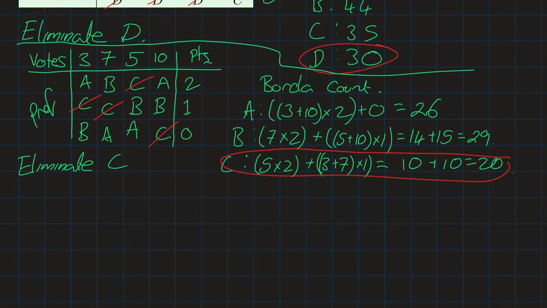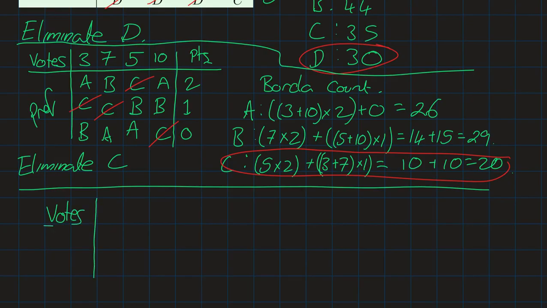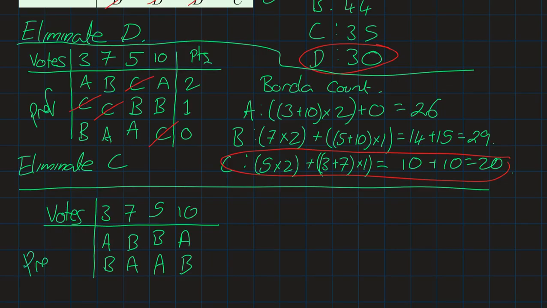I redraw the table. So 3, 7, 5, 10, with rankings AB, BA, BA, AB. The new points are just 0 and 1, and the new Borda count should be relatively straightforward.